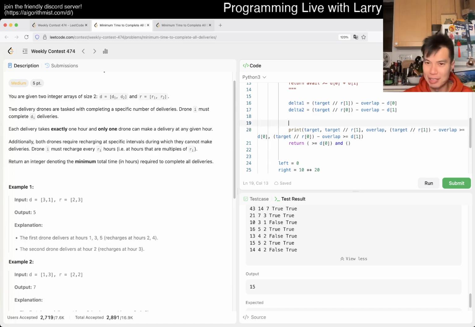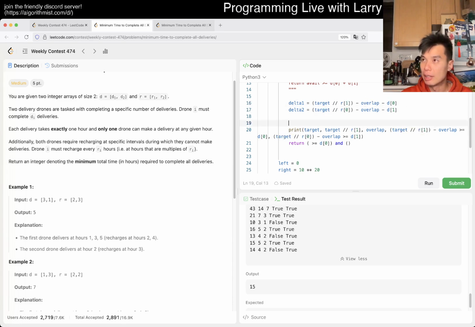Okay, maybe this is where I do need paper though. Okay, so there's a lot of inclusion, exclusion. Okay, so I don't even know if the delta one is quite right. Okay, so this is all the numbers of, so we prioritize fitting it there and fitting it in the other one.